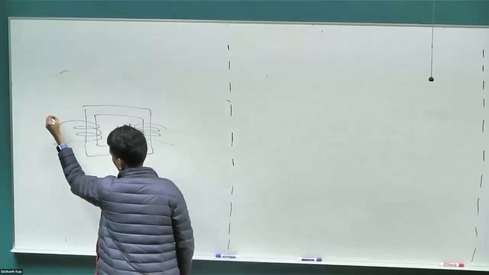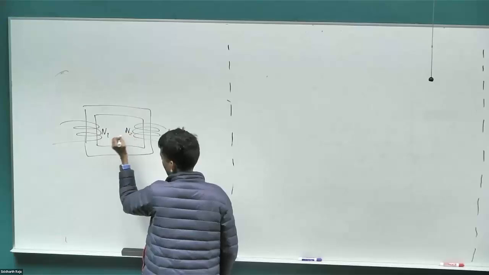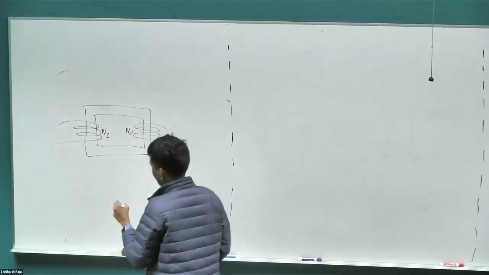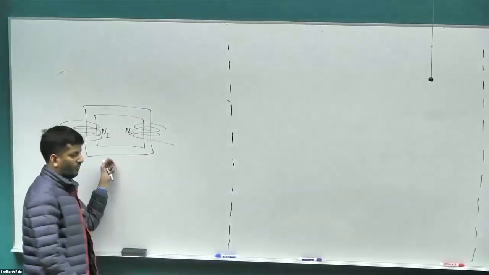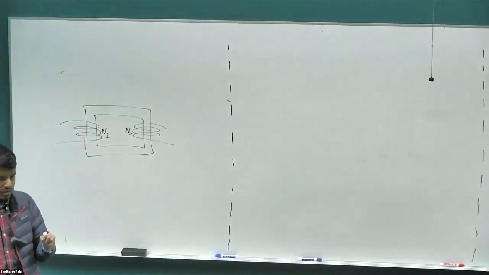We have some primary coil, let's say N1 turns, N2 turns. How do we find out the inductance of the primary coil? Anybody remember the formula right off the top of the head? How do you go about finding it?